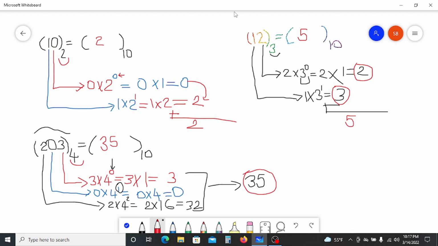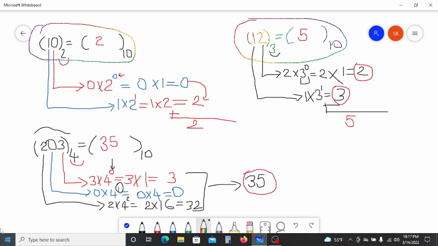So basically what we did, let's try to look at. We got one example from base 2 to base 10. Another example is base 3 to base 10. The third example is base 4 to base 10.